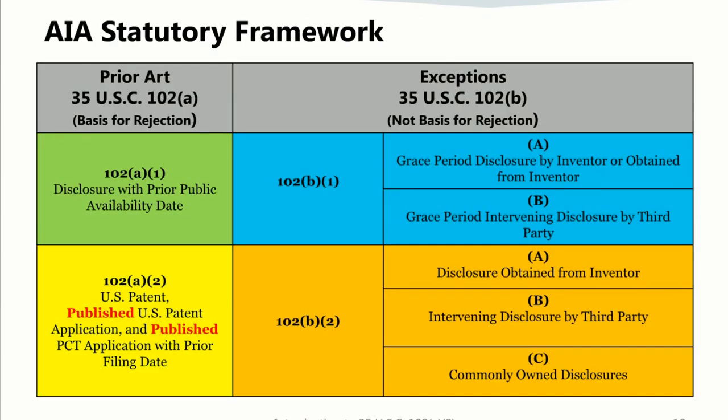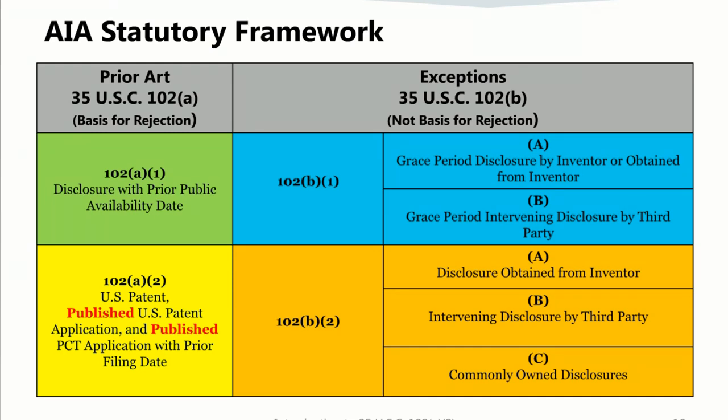The AIA statutory framework summarizes bases for rejections under AIA 102(a)(1), which was covered in a previous module, as well as 102(a)(2). Note that 102(a)(1) focuses on public availability dates of both patent and non-patent documents, whereas 102(a)(2) focuses on filing dates of patents and other published patent documents.